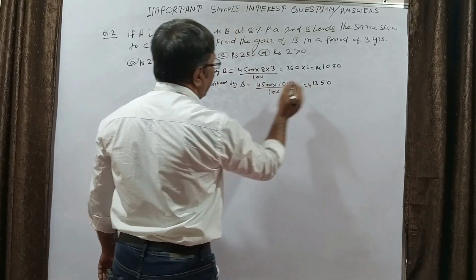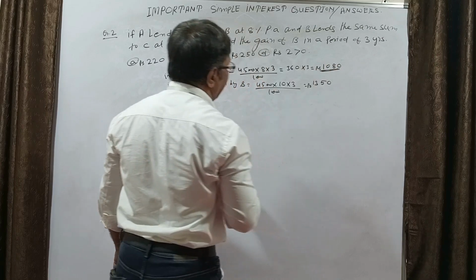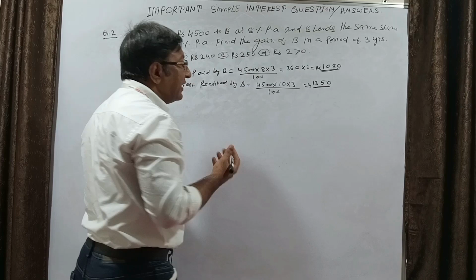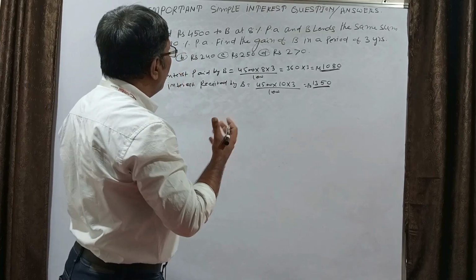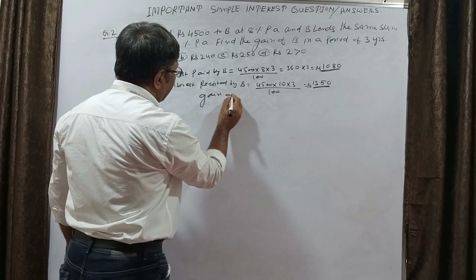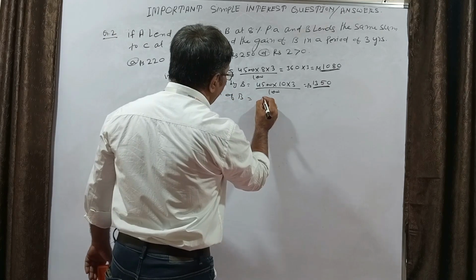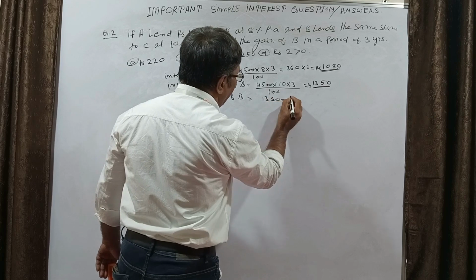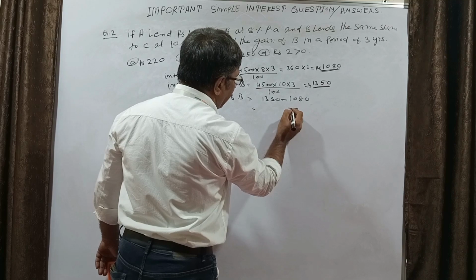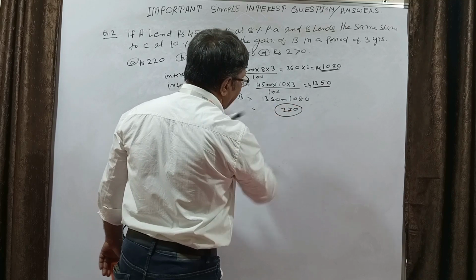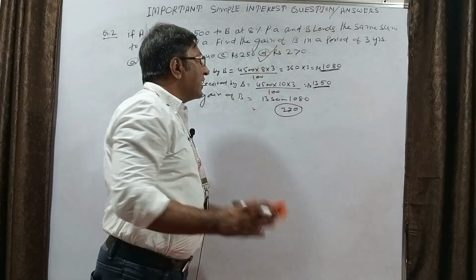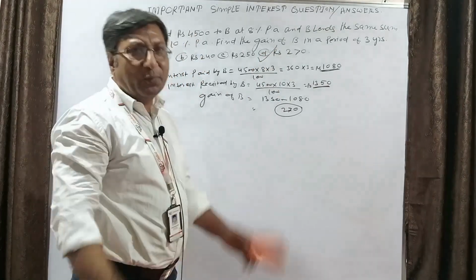So interest paid by B is 1,080 and interest received by B is 1,350. So how much is the gain of B? We can find it easily: 1350 minus 1080 is 270. So our correct answer is 270 rupees.